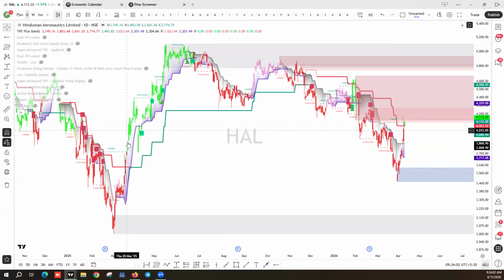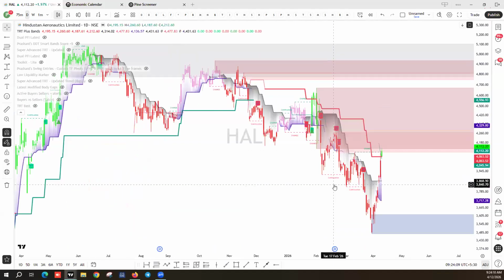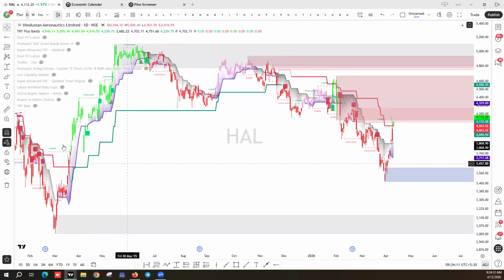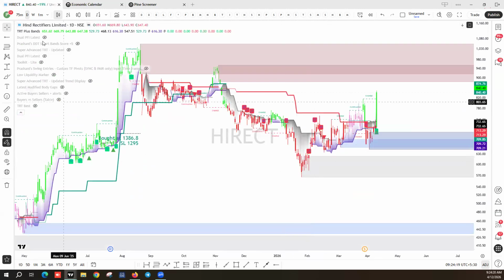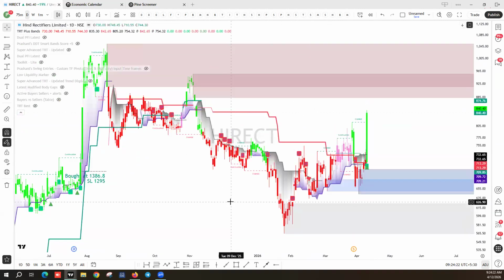See, here it became green and went up smoothly. So it could not give a retracement entry on this time frame. That is fine. Even if you buy here, you are making only 1:1, not more than that. Hind Rectifiers.